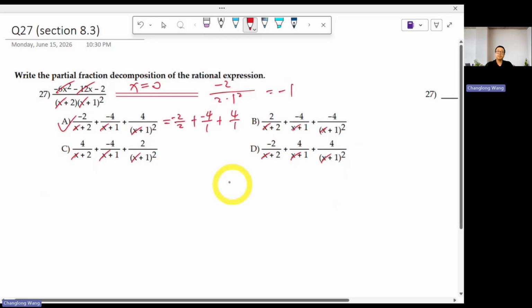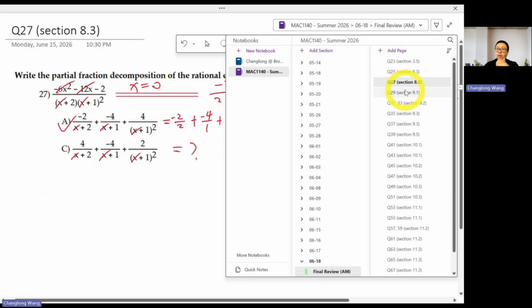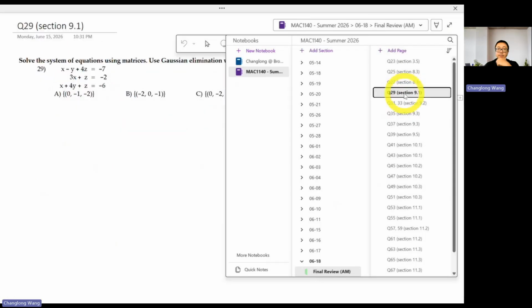But anyway, hope that you guys get the gist of this technique. All right. So again, you can certainly find more information about the standard way of doing a partial fraction by going back to the 8.3 recording, or find out a packet, and there are some types of examples.